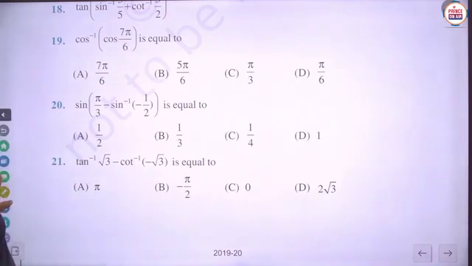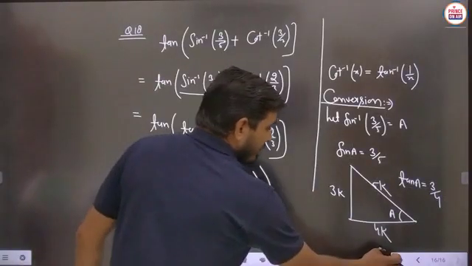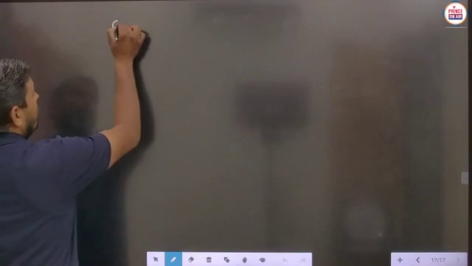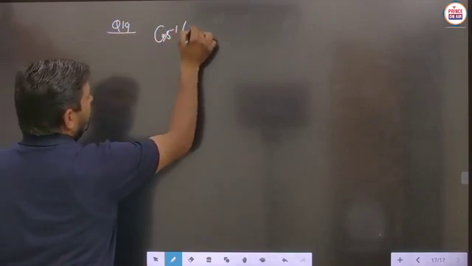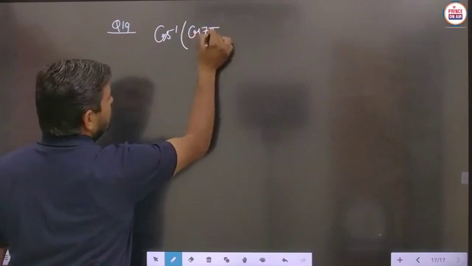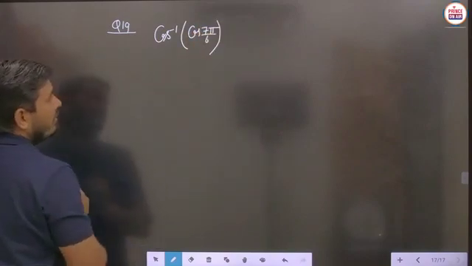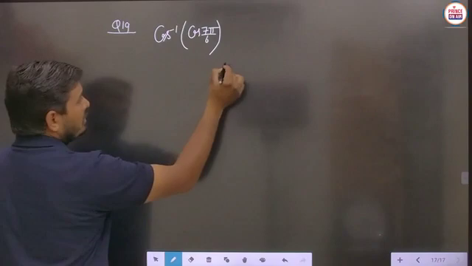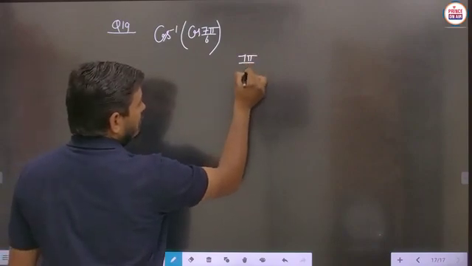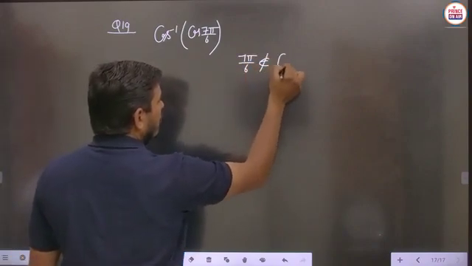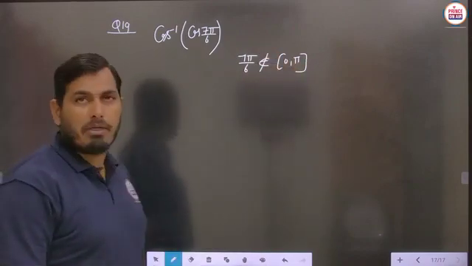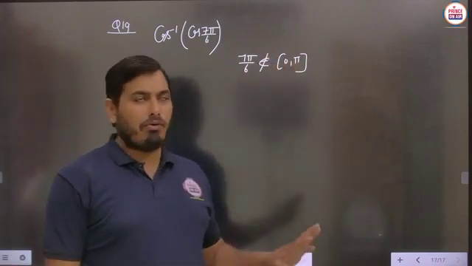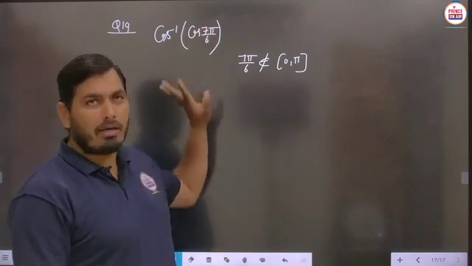So we will take this question number 19. In this question number 19, cos inverse of cos 7 pi by 6 is to be simplified. First of all you can say that 7 pi by 6 does not belong to the closed interval 0 to pi, because the principal value branch of cos inverse is 0 to pi, and if any value lies in this interval, then the answer is obtained as x, no problem.